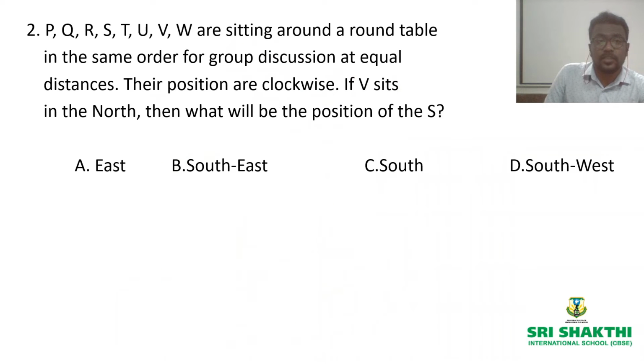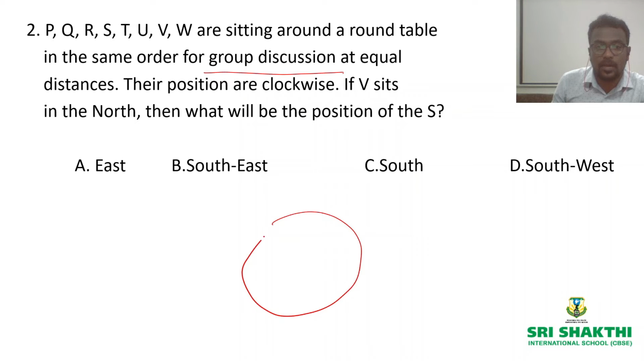P, Q, R, S, T, U, V, W, 1, 2, 3, 4, 5, 6, 7, 8 members are sitting around a round table in the same order for group discussion. So it is about group discussion. If it is a group discussion, everyone will be facing each other. So assume that there is a round table and there are 8 members and their positions are clockwise.